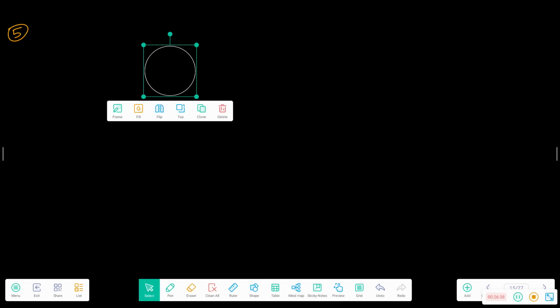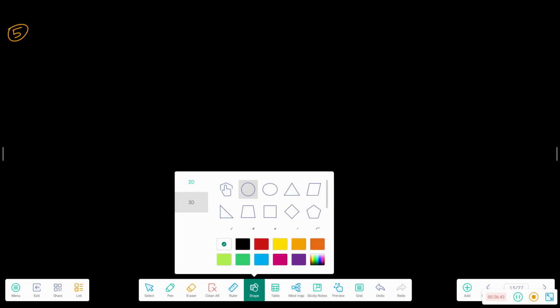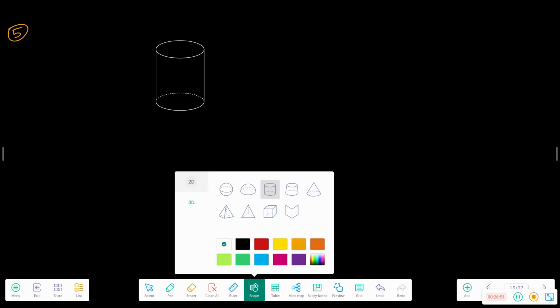A cylinder is there. This is a cylinder container.